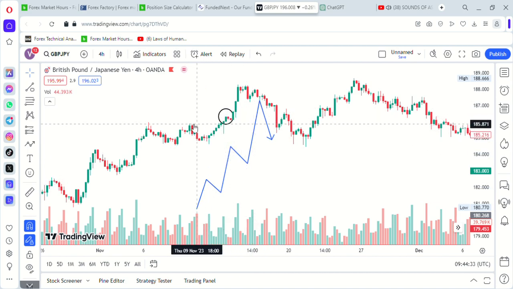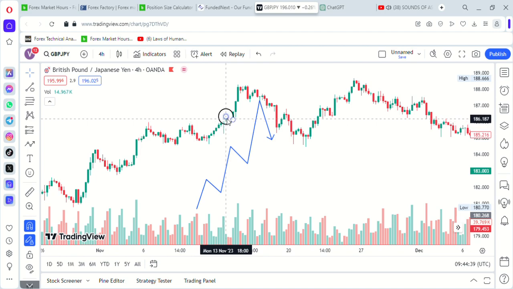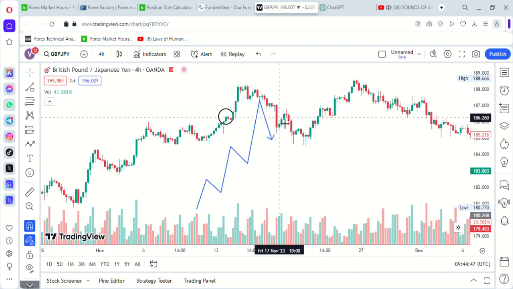You see what is happening here. This one is higher than this one. Let's say this one is this, and this one is this, which is higher than this one. So now you see what's happening here. From here, there was no higher high again.